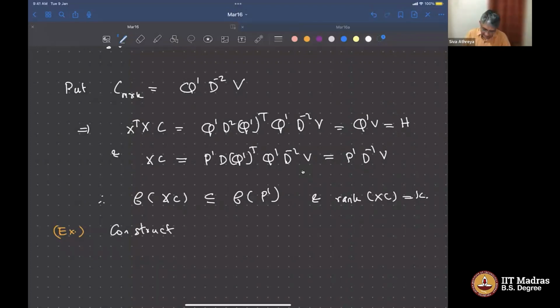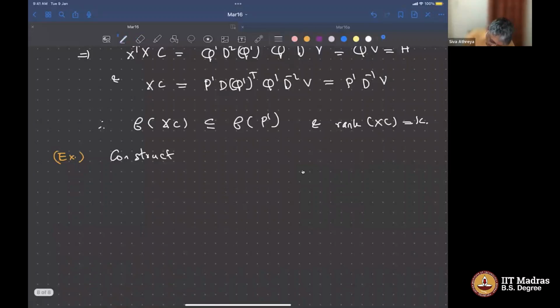Construct P tilde. Let's call it P1 tilde. So this is an n cross n minus K matrix, right? Whose columns are an orthonormal basis. The ones orthogonal, I want orthonormal.